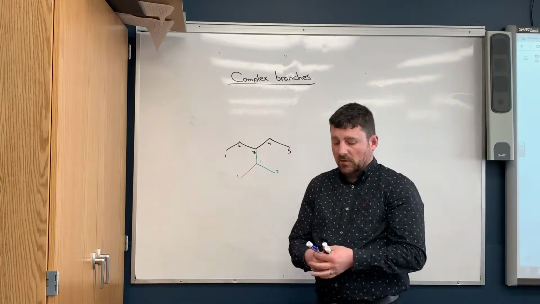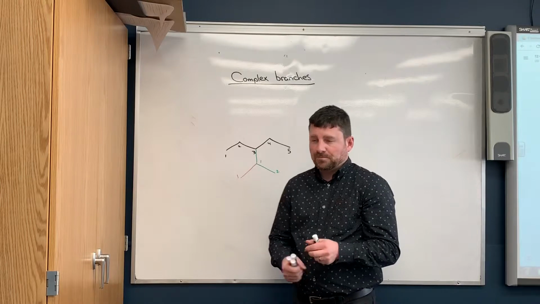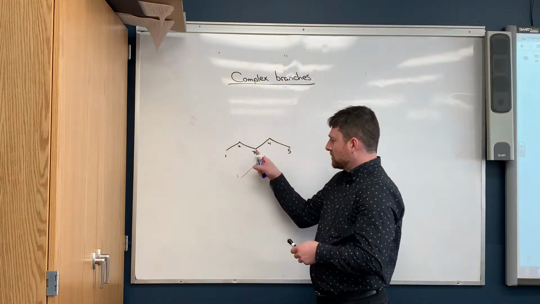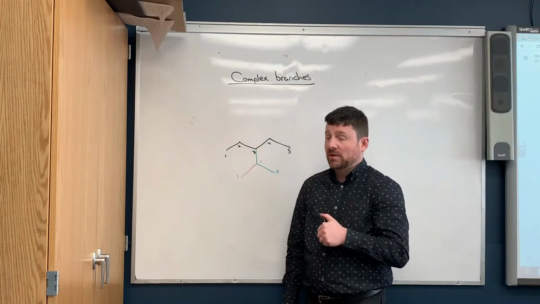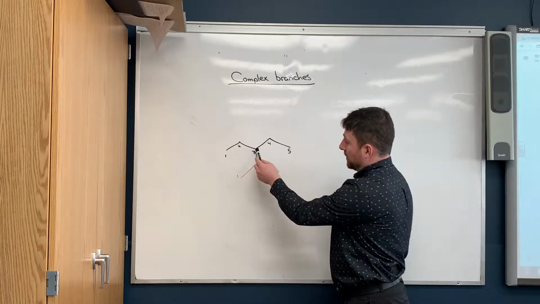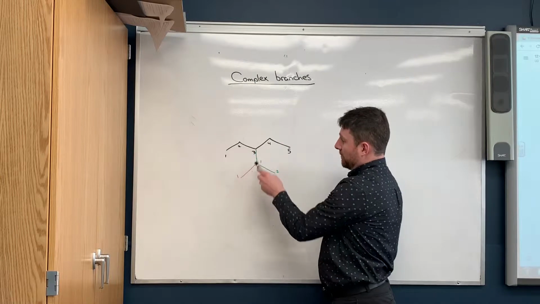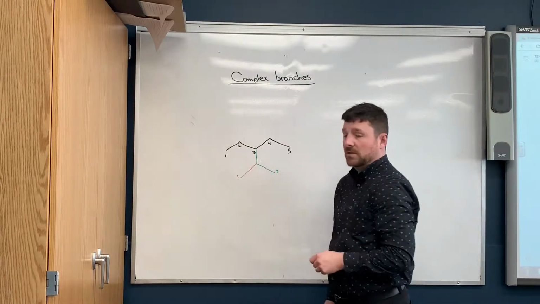Okay, so we have to figure out how we are going to name this branch within a branch. We use the same methodology. We're going to identify the longest chain in the branch. Whether we follow it along the green chain, we get 2 carbons on that branch, or if we follow it the other way, it would still be 2 carbons going the other way.